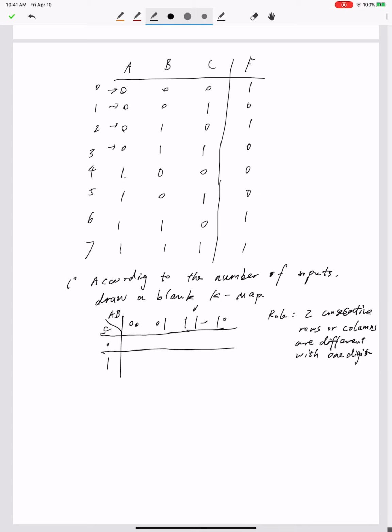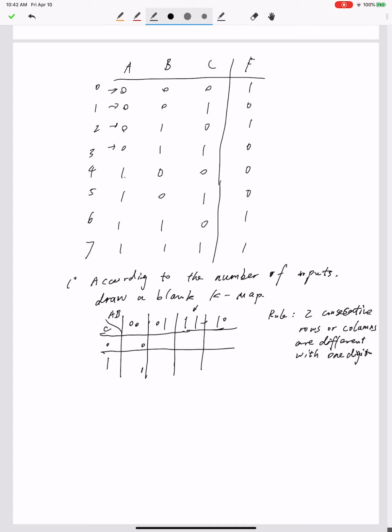After that, we finish the blank kernel map. And as you can see, according to 3 inputs, we have 8 blank cells, right? And we need to label these cells with the row numbers. So what does that mean? For the first cell, the inputs are 0 0 0, so the corresponding row number should be 0. The second one, 0 0 1, the row number should be 1.